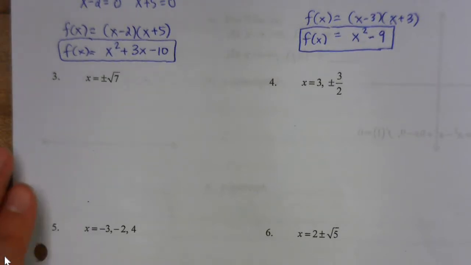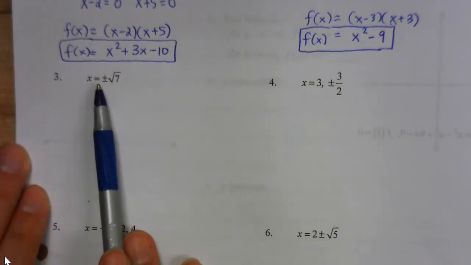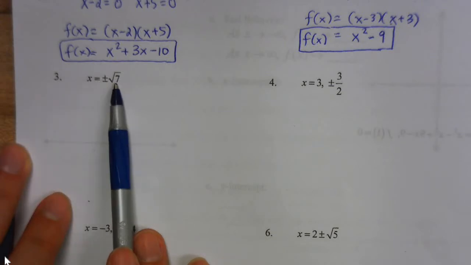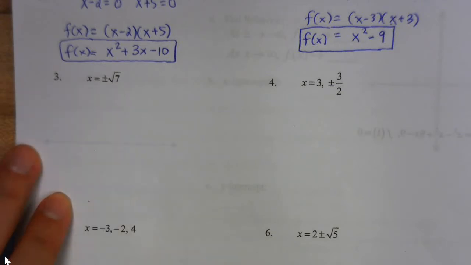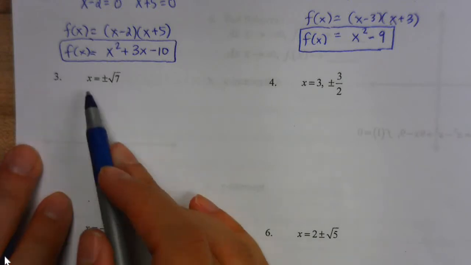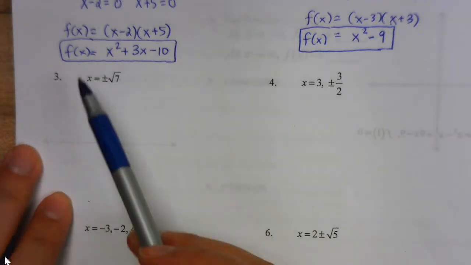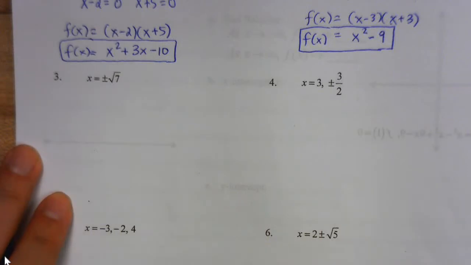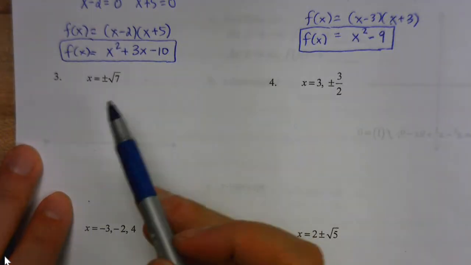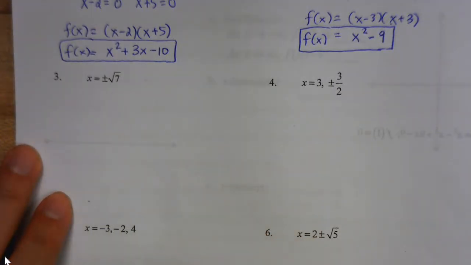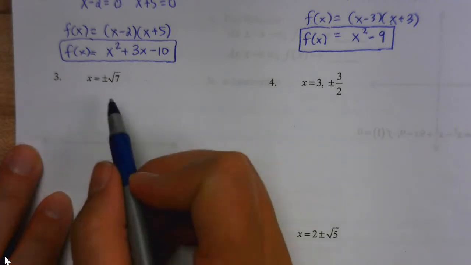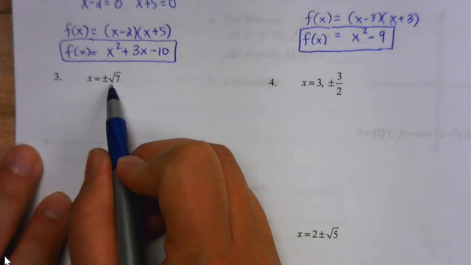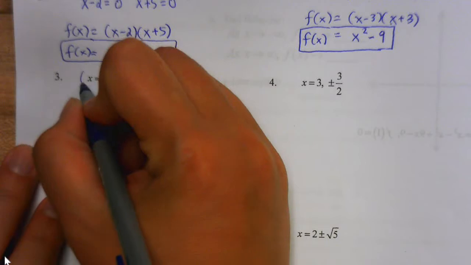On number 3 here, we have x is equal to plus or minus the square root of 7. There's a couple of different ways to solve these. We are just trying to get back to the original polynomial, so you could undo the work that we did from completing the square. To get rid of the square root, we square both sides.